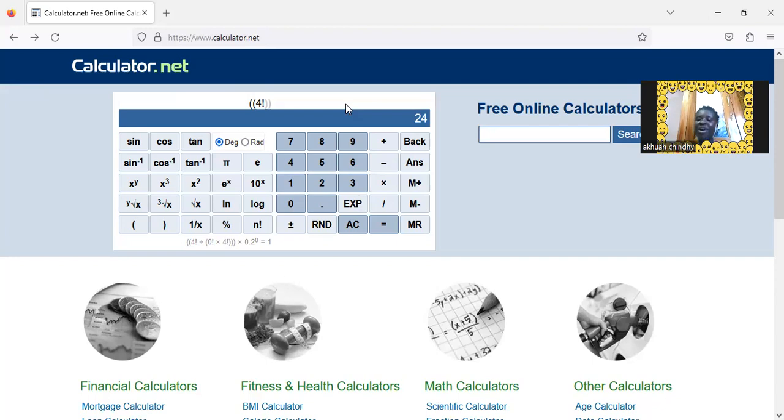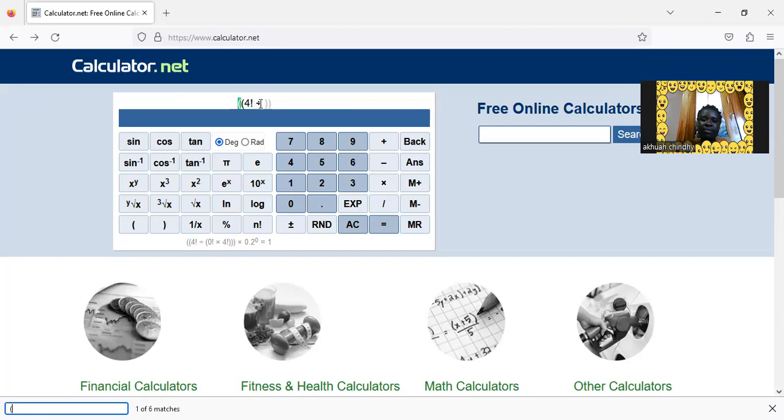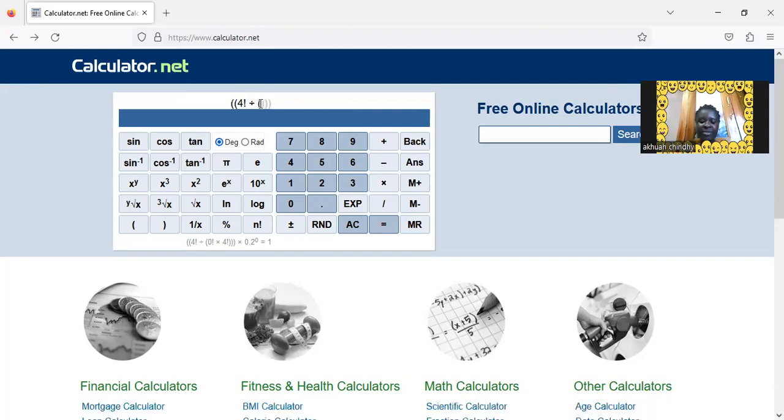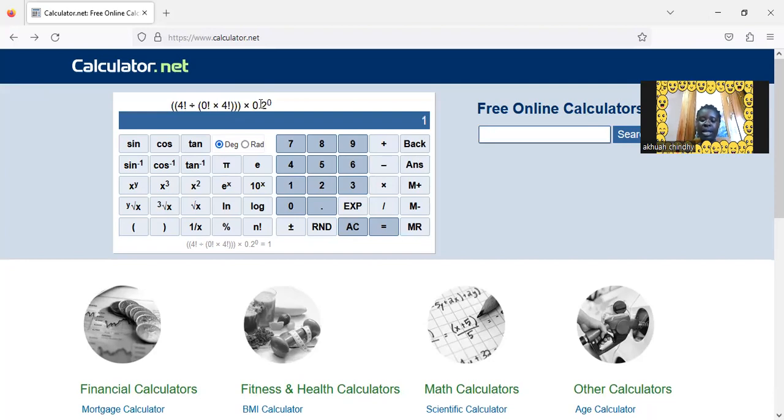So 4 factorial divided by x factorial, which is 0, times n minus x, which is 4 minus 0, which is 4 factorial, times our p, which is 0.2 raised to the power 0, times here, which is 0.8 raised to the power n minus x, which is 4, right?